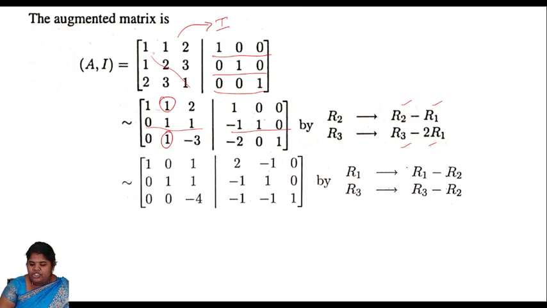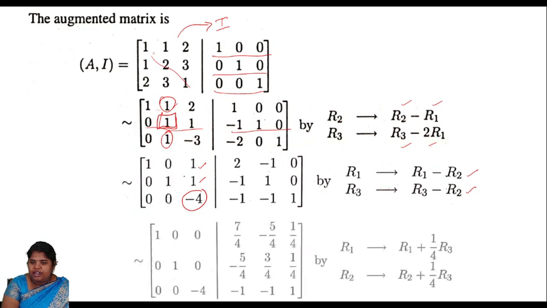So we are changing row 1 and row 3, row 1 minus row 2, row 3 minus row 2 using this one. Using this element, this is our pivot element. Using this pivot element, we are converting this 1 as 0. Now using this element, using minus 4, we should convert 1 and 1 as 0.